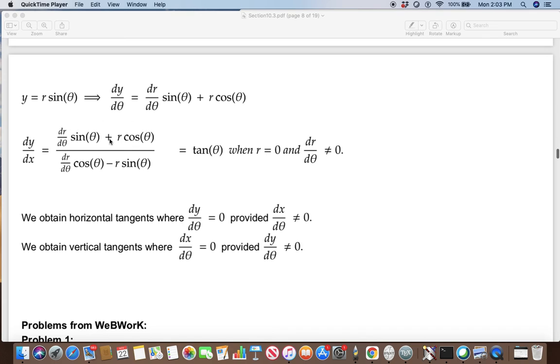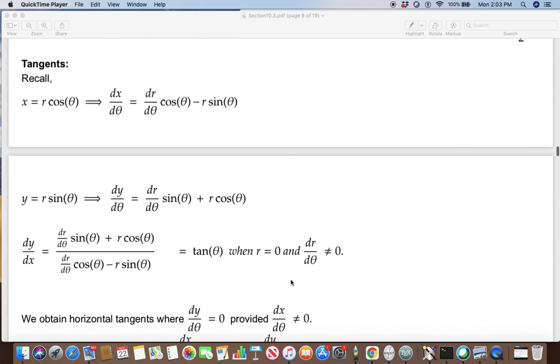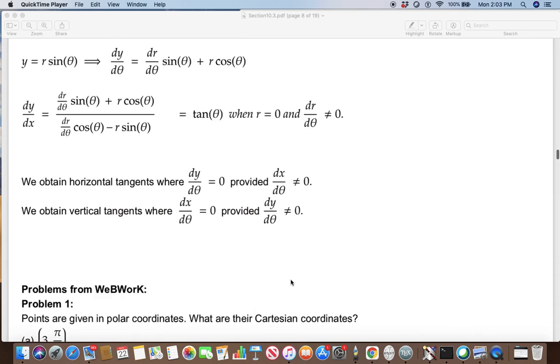When the numerator dy d theta is 0, provided the denominator is non-zero. We get vertical tangents when dx d theta, that is the denominator, is 0, provided the numerator is not 0. Okay, this is a short summary on tangents.